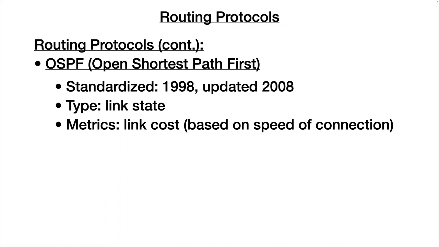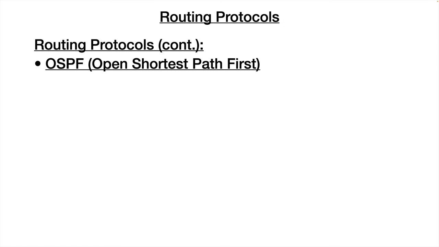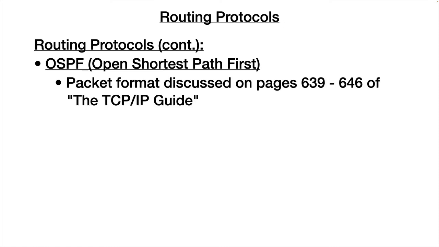We calculate that cost, and then we look at the lowest cost and determine where we want to send that packet. OSPF is discussed in pages 639 to 646 of your main textbook.